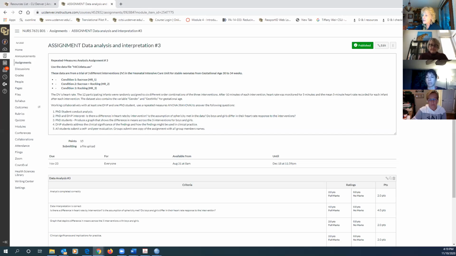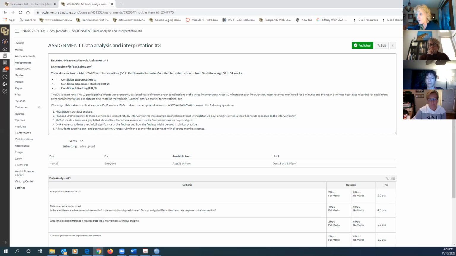And then the other question I got. The next part of that is the 12 participating infants were randomly assigned to 6 different order combinations. That's just describing the methods, and it's a stronger method because some of the infants got sucrose alone first, some got sucrose plus rocking first, and some got rocking alone first.